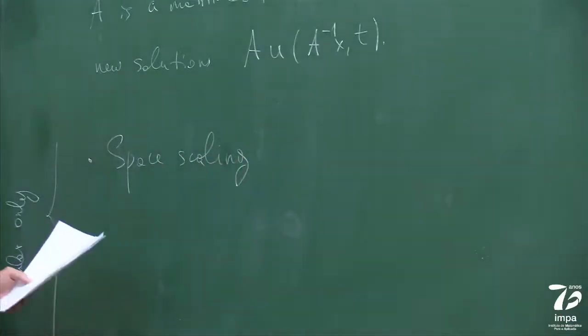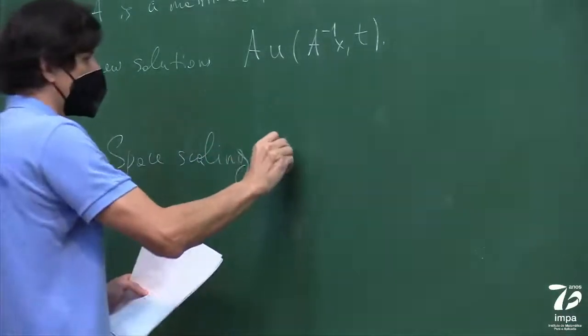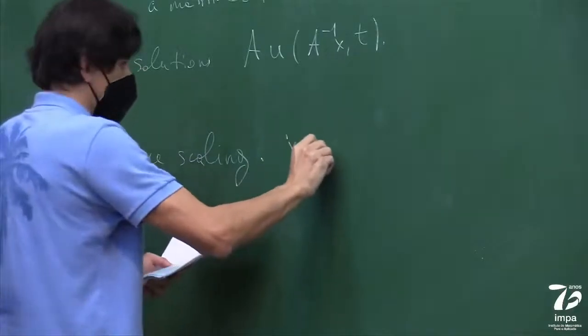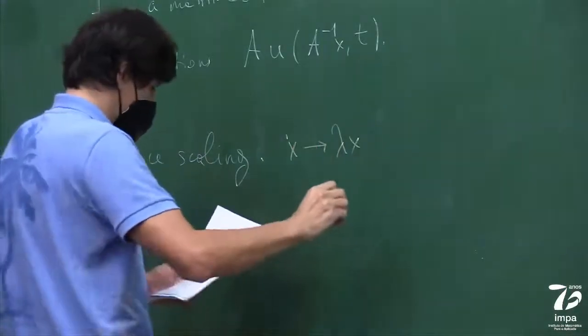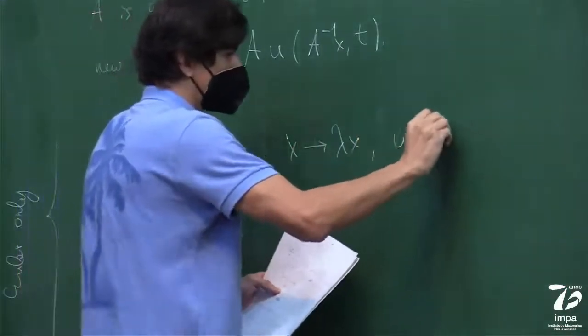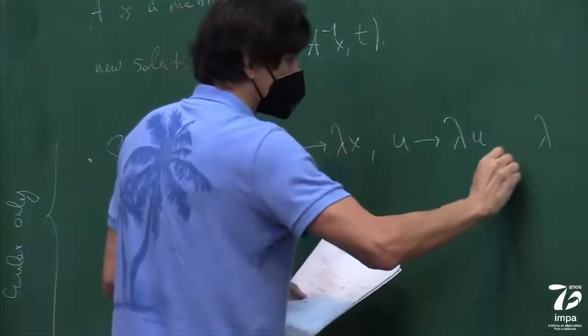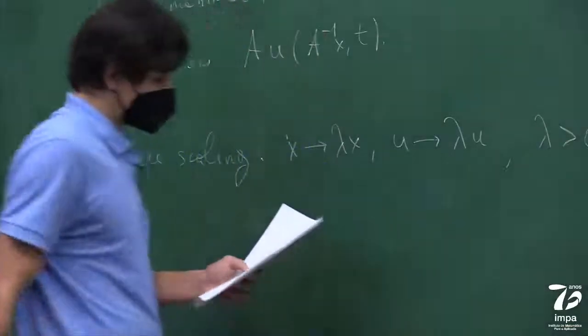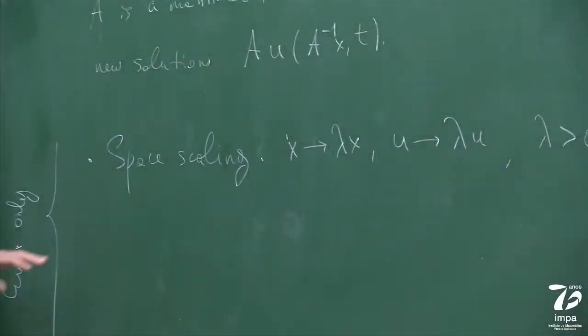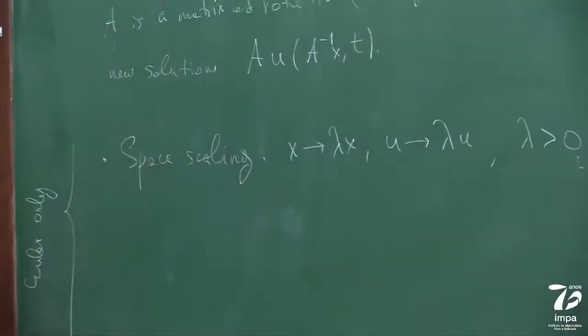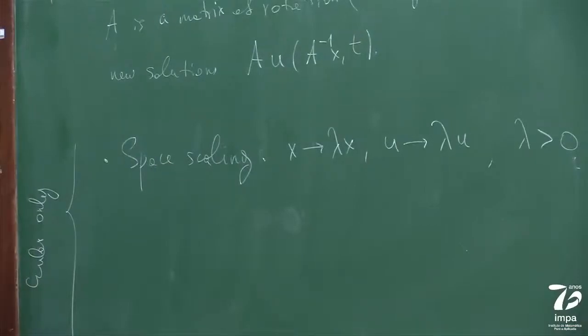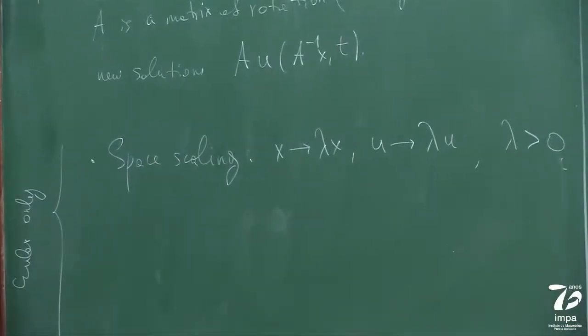What is it? You change x to lambda x and u to lambda u, for any positive lambda. Essentially it means that it doesn't matter if you measure in meters or in centimeters.